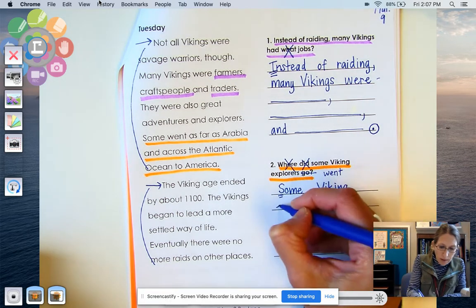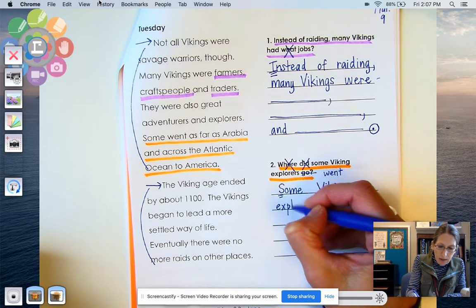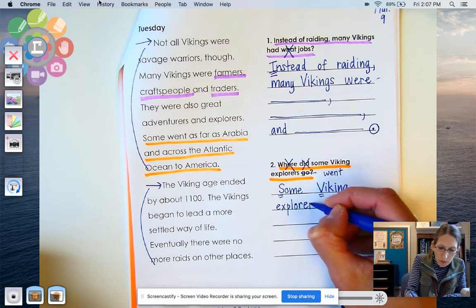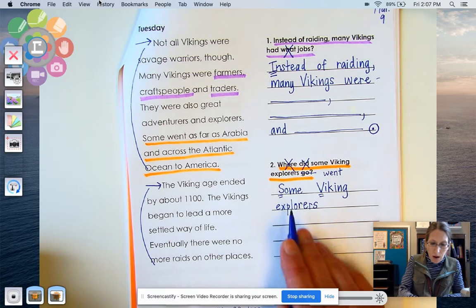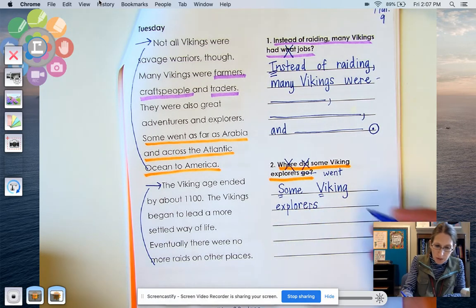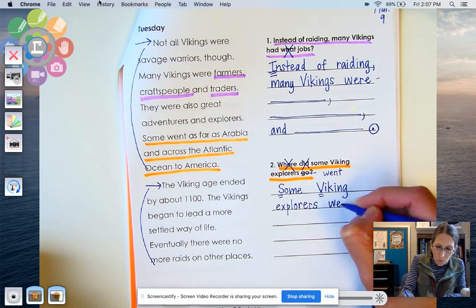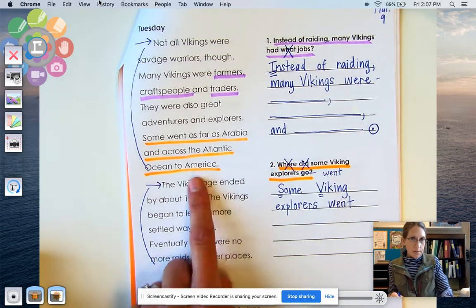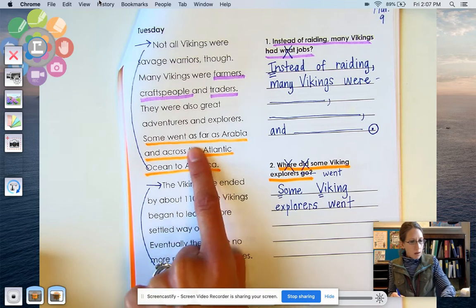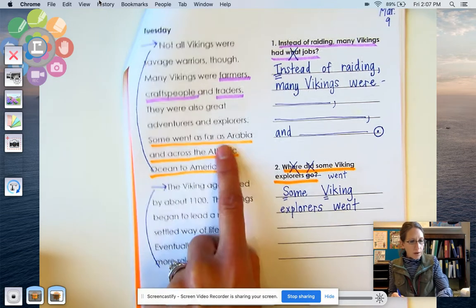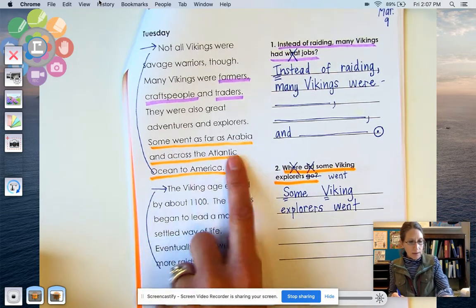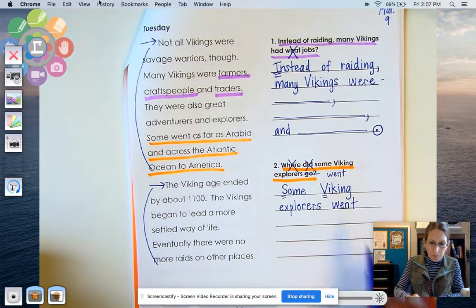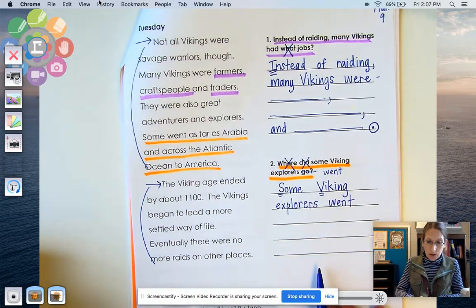Some Viking explorers. I'm looking at my word to make sure I spell it correctly. Some Viking explorers went, and then our text evidence here. Some went as far as Arabia and across the Atlantic Ocean to America. Wow. So I'm going to let you go ahead and finish the answer.